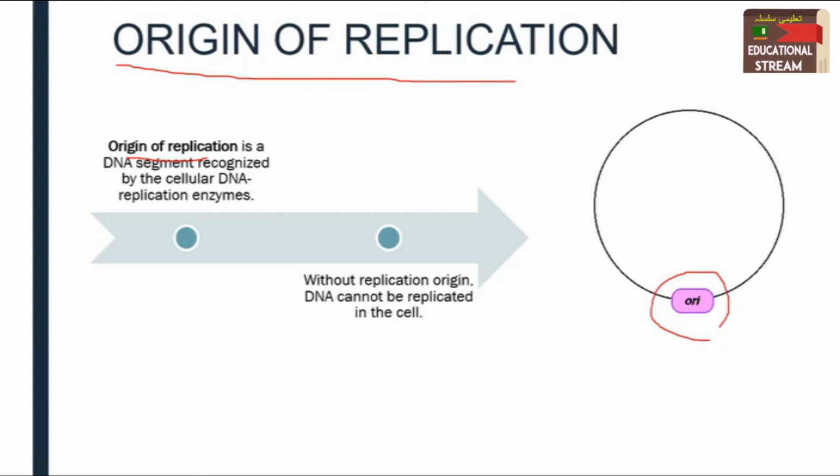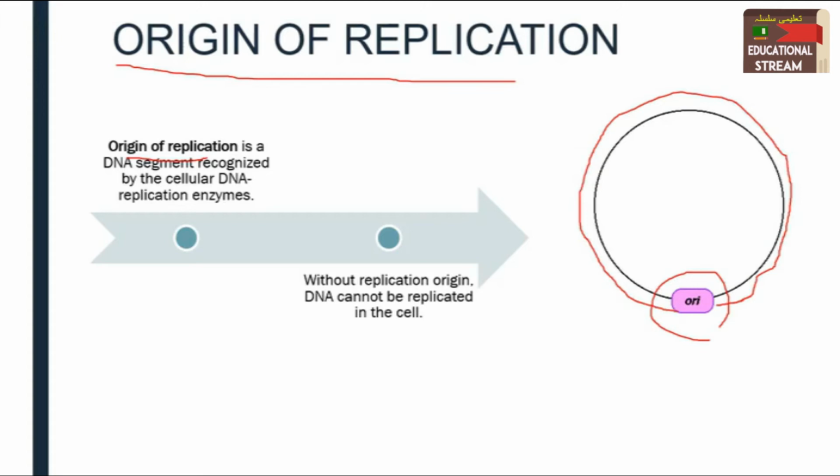So this region has specific characteristics that allow it to act as a start point for the process of replication. The DNA polymerase will recognize this region and start replication of the vector from here, and it will replicate the whole plasmid, and then we get multiple copies of this plasmid within the host organism.